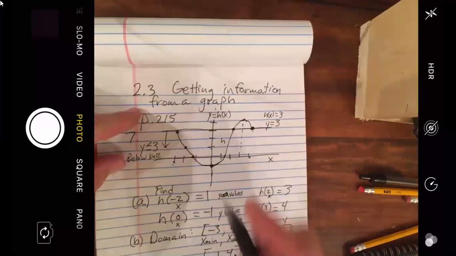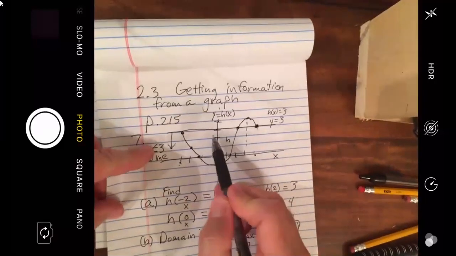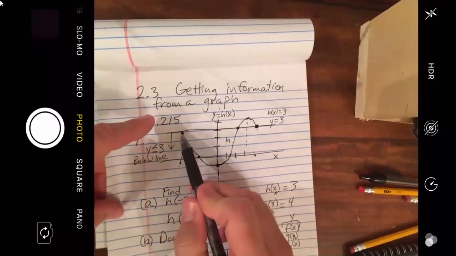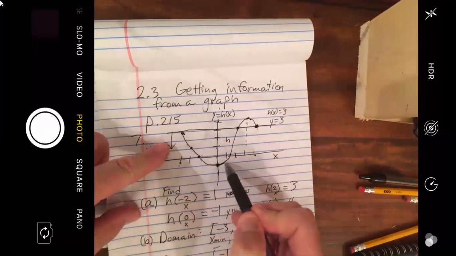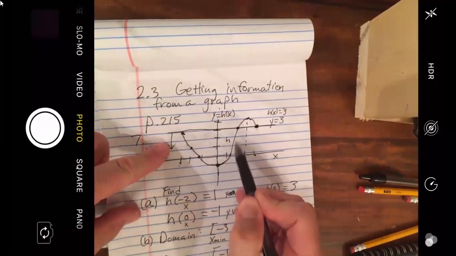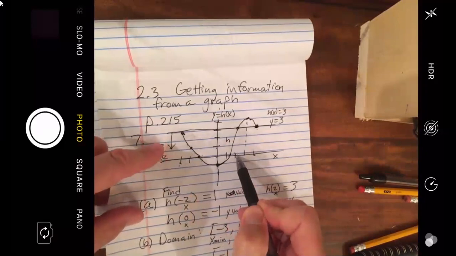So take a look. If you're less than or equal to 3, you're going to start at -3. See how the curve is below? And it's below all the way to 2. So your first interval is going to be -3 to 2.